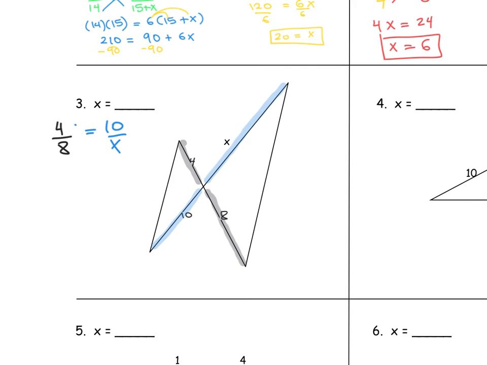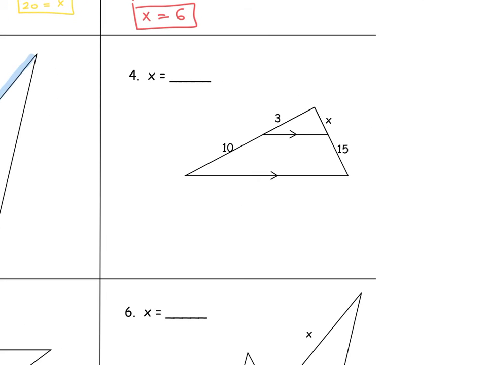Or I can just keep it as it is. It's totally up to you. So 4x is equal to 80 because 8 times 10 is 80 and 4 times x is 4x. Now if you divide both sides by 4, you will get that x is equal to 20. And in a way, I could have realized that without doing much calculation, because 4 times 2 is 8, so 10 times 2 is 20. So you could have done that without creating proportions.